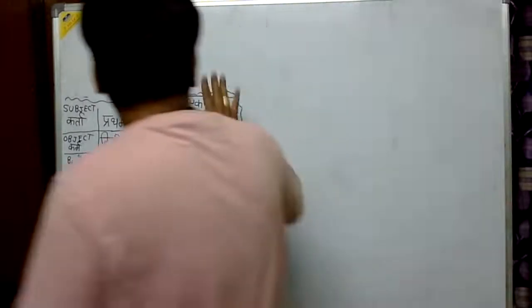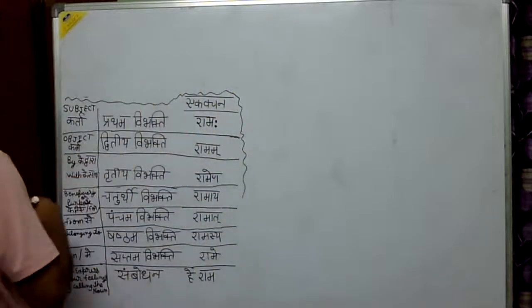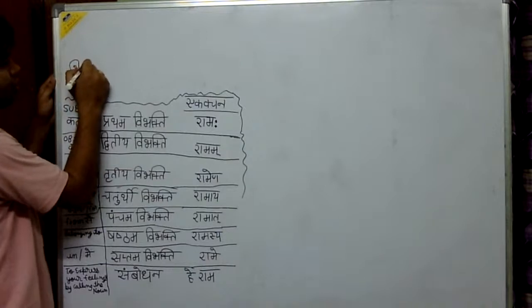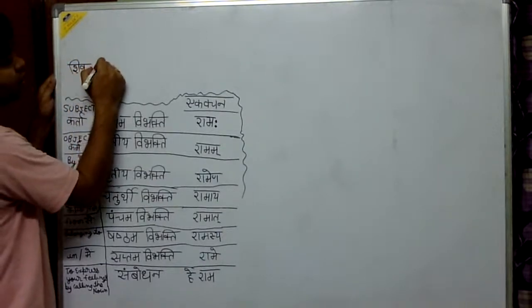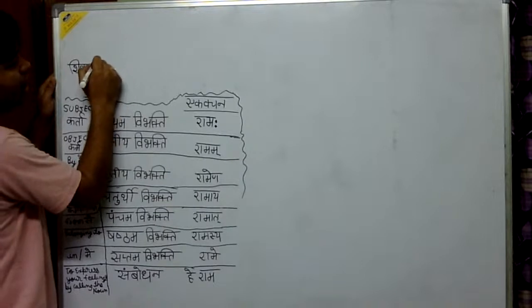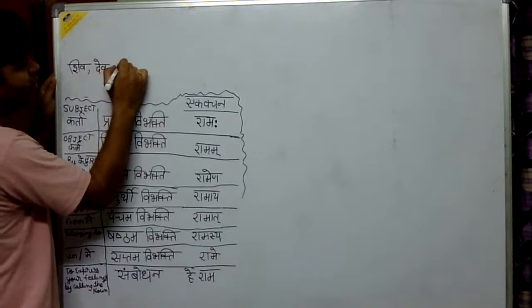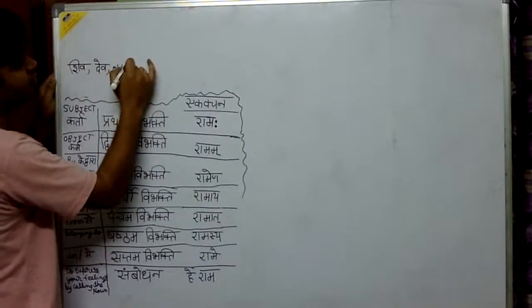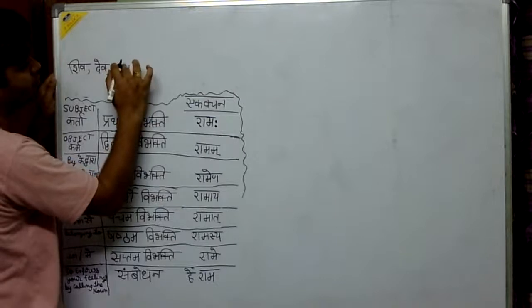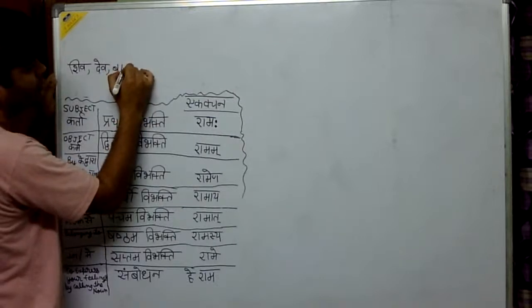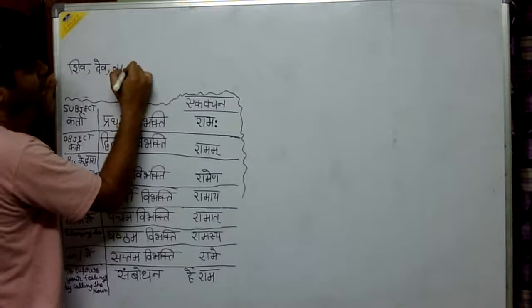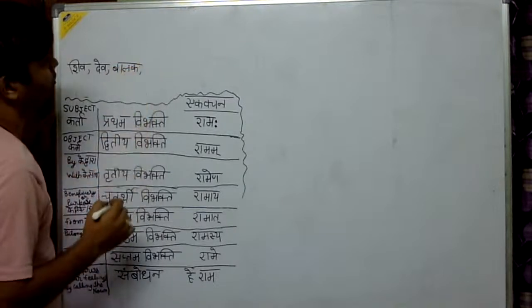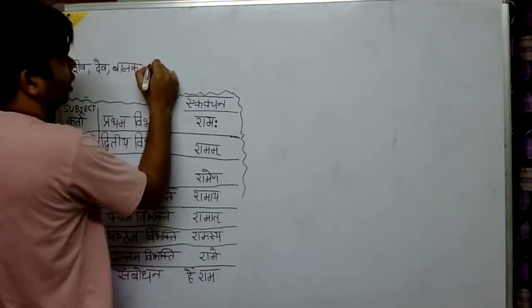So, as we have written the Shabd Rupas of Ram, we can also write the Shabd Rupas of Shiva, Dev, Balak, Atula.